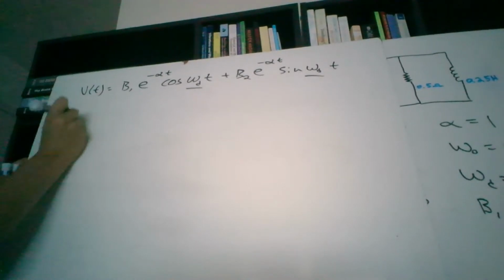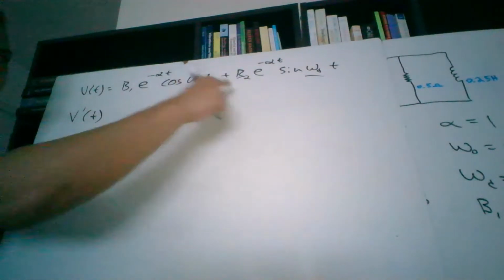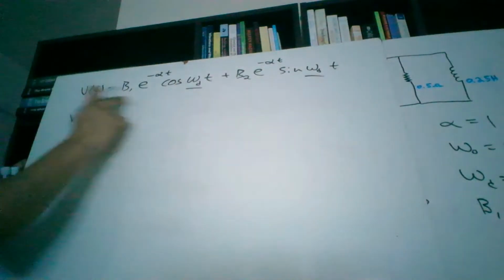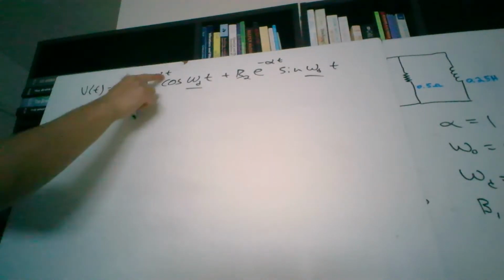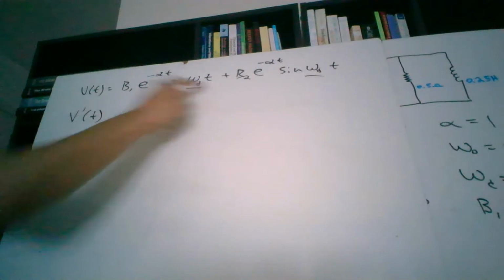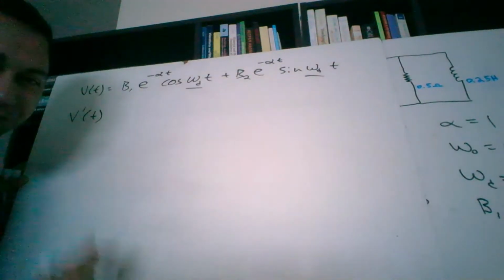So V derivative of t. So you would have to take the derivative of all of this and the derivative of all of this. Here it's going to be a product rule, right? Because it's going to be e as a function of t and cosine as a function of t. And then you're going to add to it another product rule.